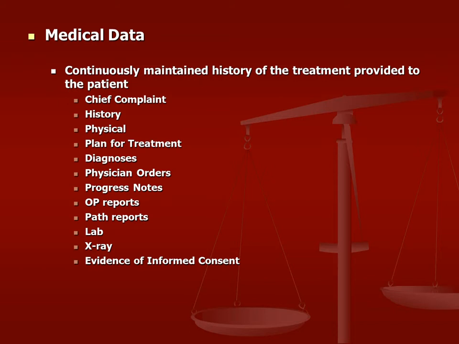That's not the informed consent itself. There's a process of telling the patient about, for example, a procedure. What is the procedure? Who's going to do it? What are the risks? What are the benefits? What are the alternatives? That is actually the informed consent, but the evidence of it is usually a consent form that is signed by the patient.